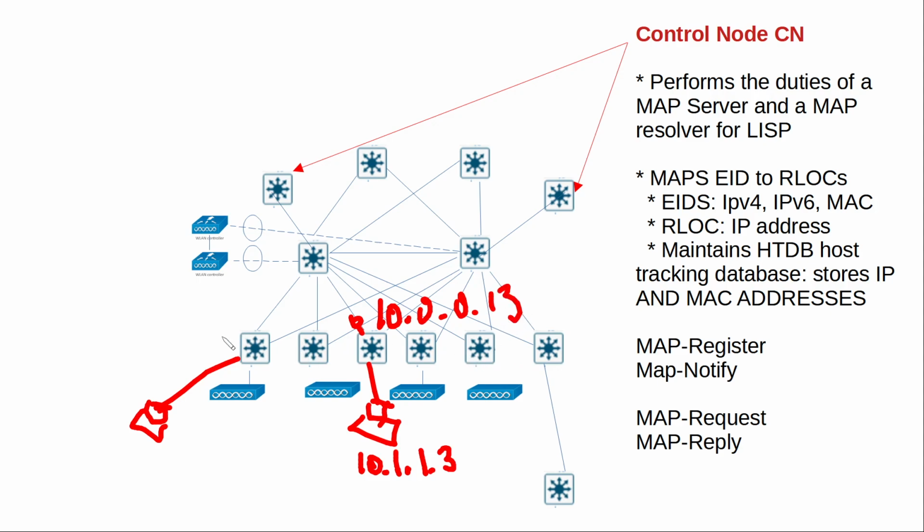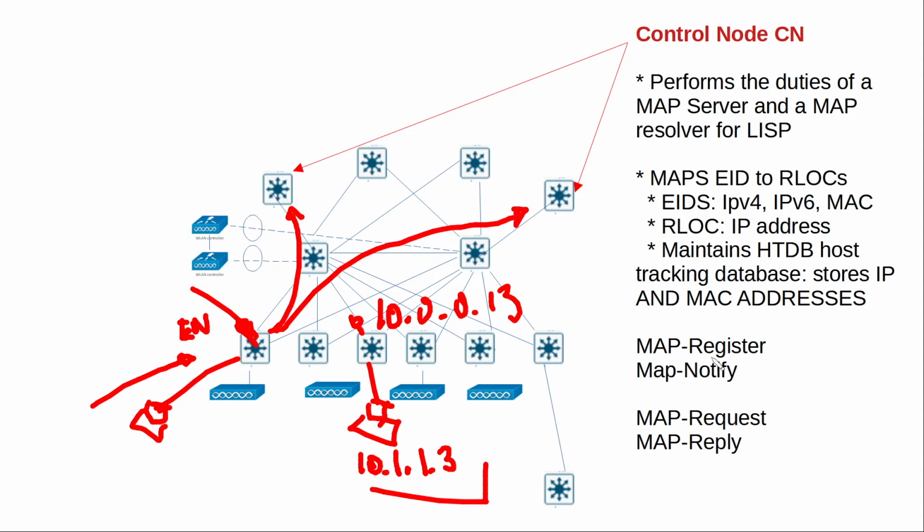So this edge node here will need to start setting up a VXLAN tunnel in order to send the packet that is destined to this device. But this edge node is unaware of where this device is connected in the network, so it will have to ask the control nodes.